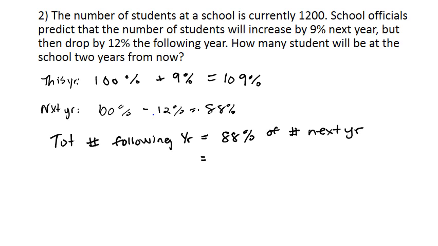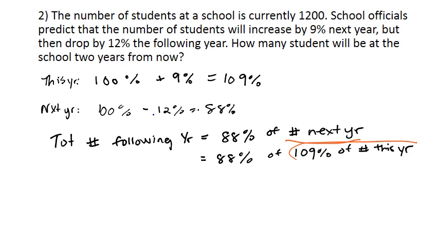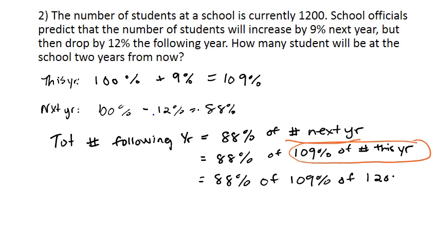So that would be 88% of 109% of the number this year, because that's what makes up the number next year. Then I know that it will be 88% of 109% of the number we have this year, which is 1,200.